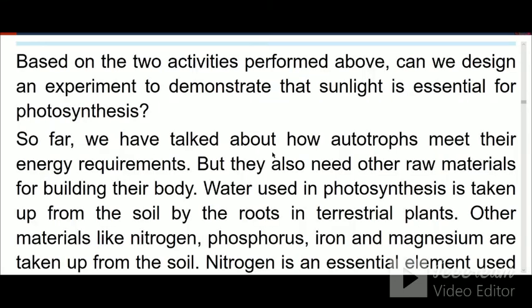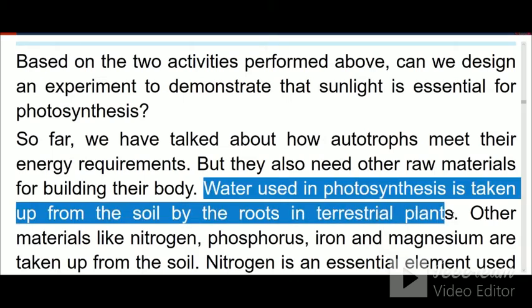So far we have talked about how autotrophs meet their energy requirement, but they also need other raw materials for building their body. Water used in photosynthesis is taken up from the soil by the roots in terrestrial plants. So in the earlier two experiments we have seen that chlorophyll and carbon dioxide are the two main things needed for photosynthesis, but water is also needed.